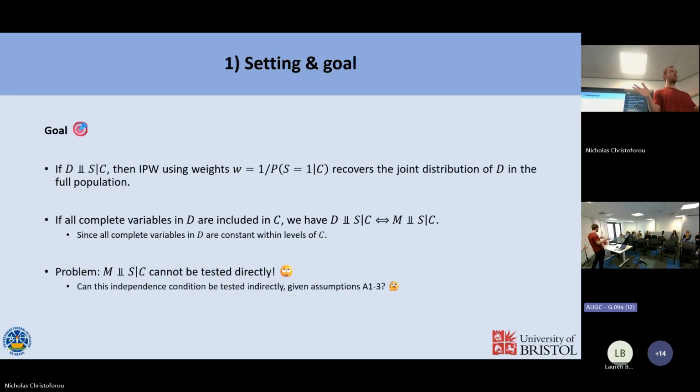You see the problem? Okay. What I'm going to try to do throughout the rest of the presentation is to present a procedure that, given assumptions A1, A2, and A3 that I presented in the previous slide, is sufficient for us to assess this indirectly. That's the goal.